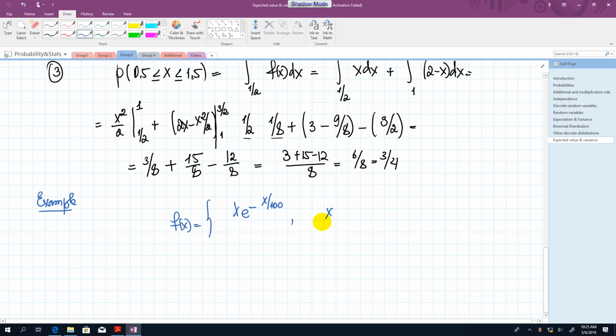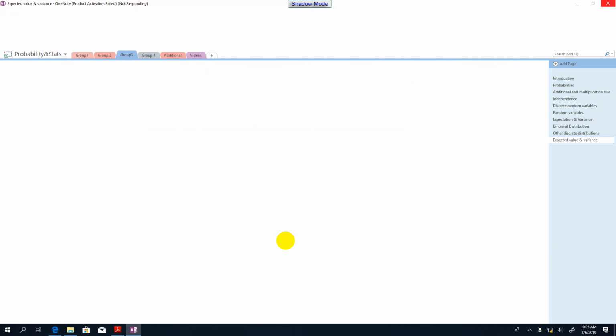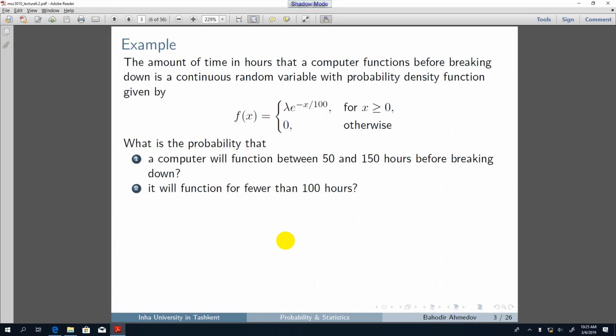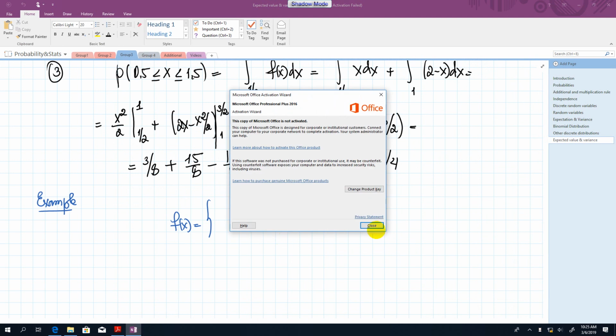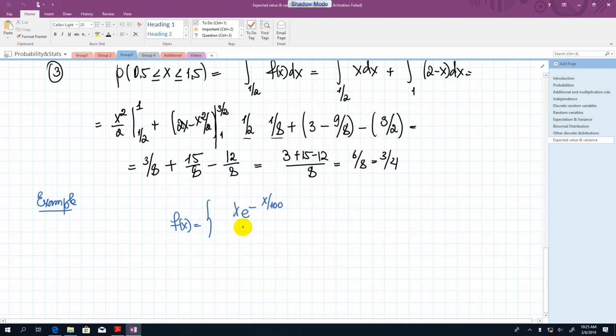If x can take the values from 0 until infinity, and from minus infinity until 0, it takes the value 0. Zero otherwise. x is more or equal to 0.